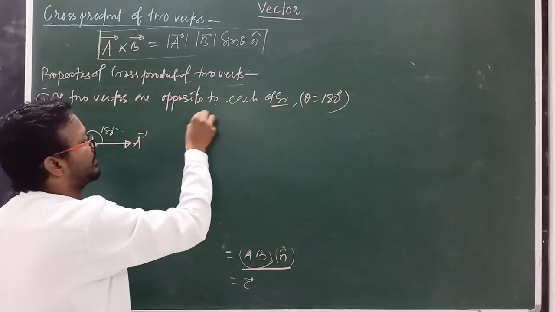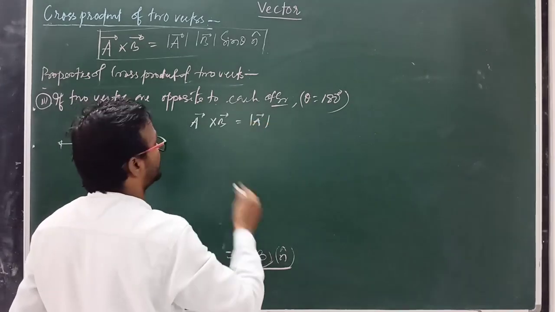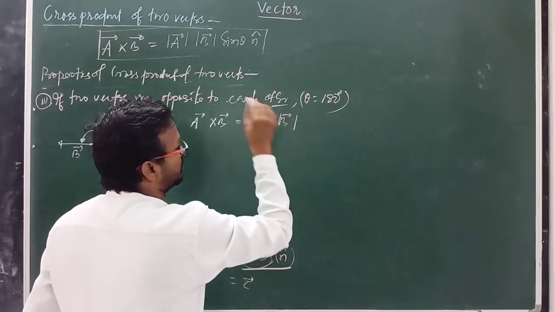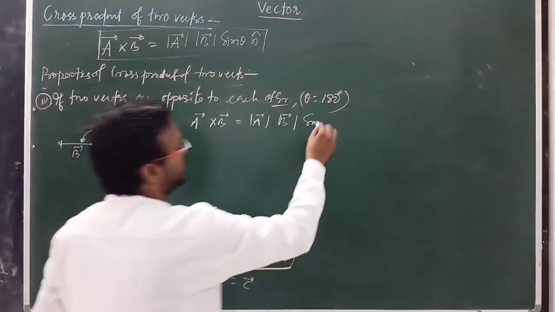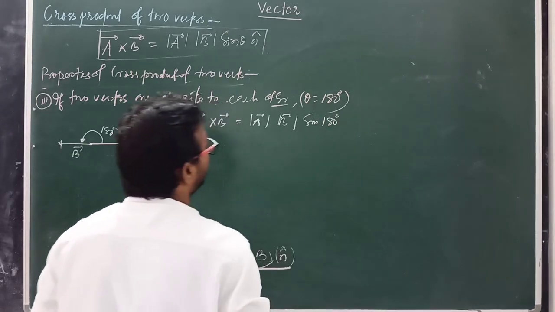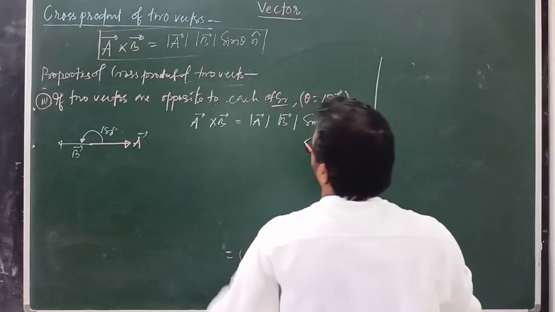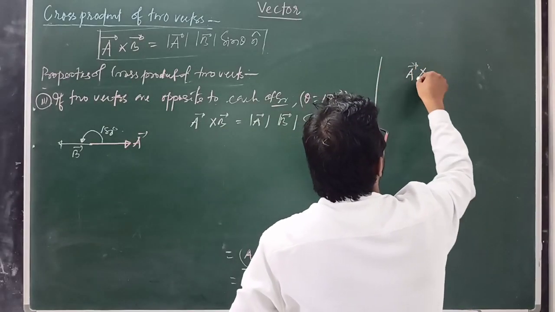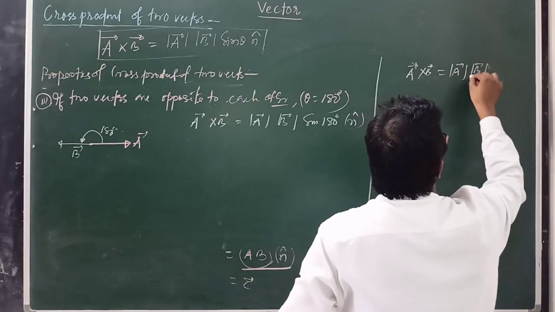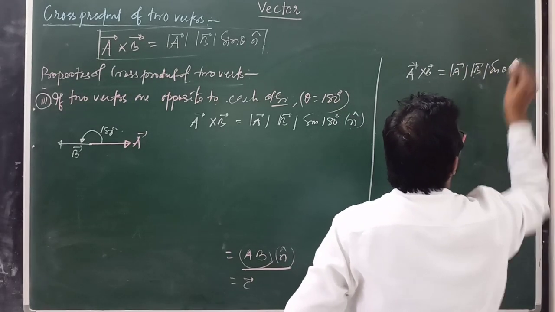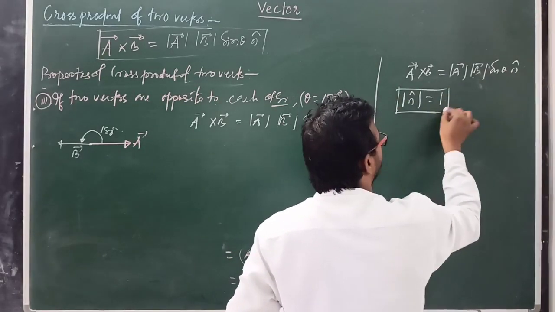Now we have to find A cross B equal to the magnitude of A, magnitude of B into sine theta. And what is theta? Theta is 180 degrees. So sine 180 degrees into n cap. Clear? We already know the magnitude of a unit vector is always 1. Clear?